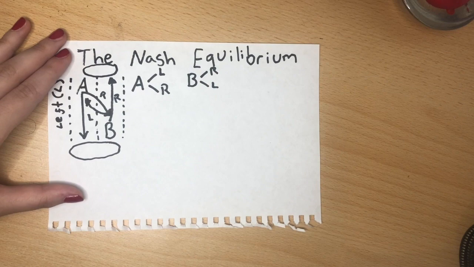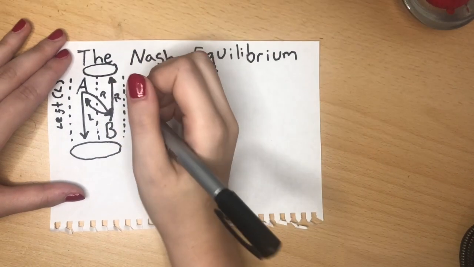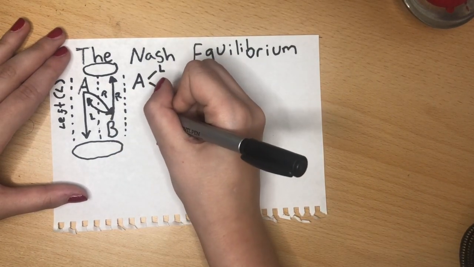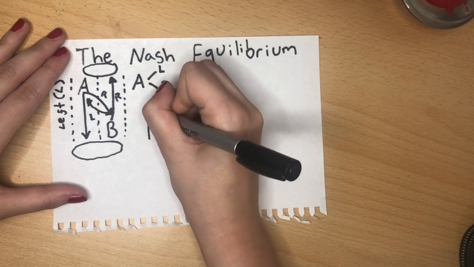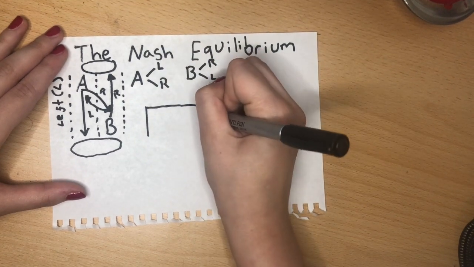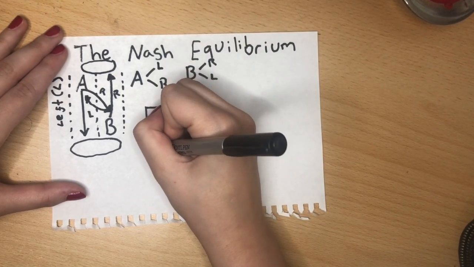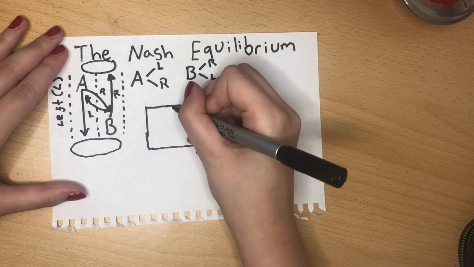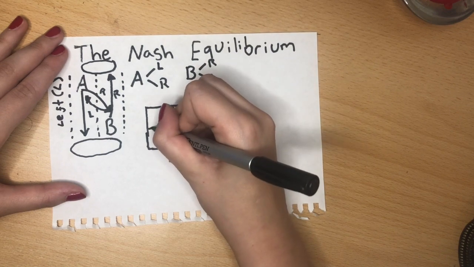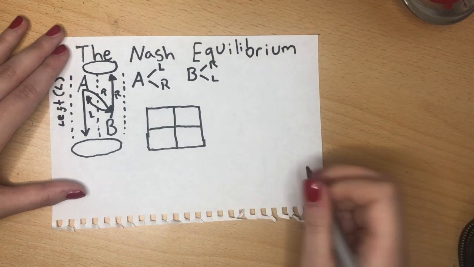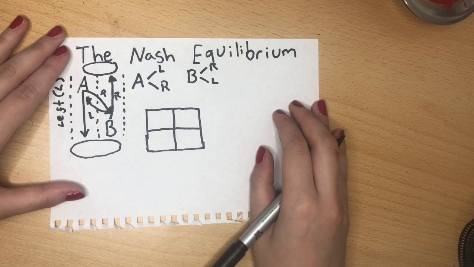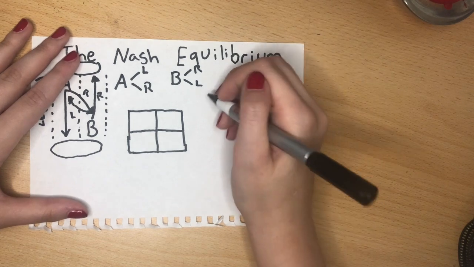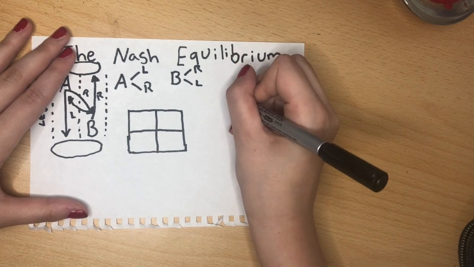So, what are the possibilities here? We'll make a little graph. Now, we have to put a numerical value to each thing for it to make some sense. So let's say the best thing is done.